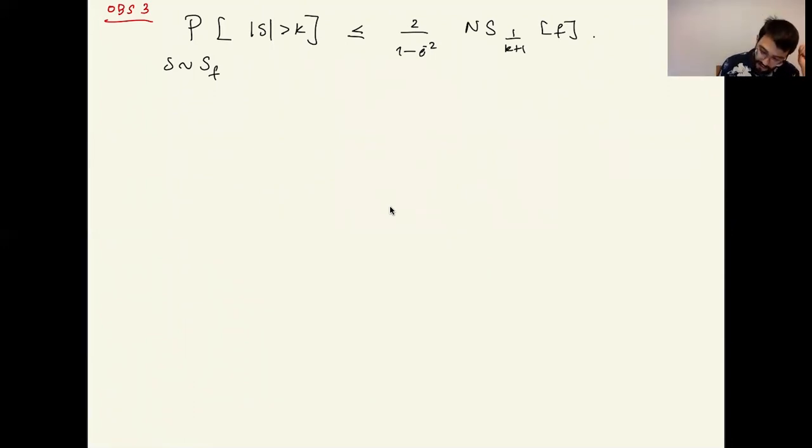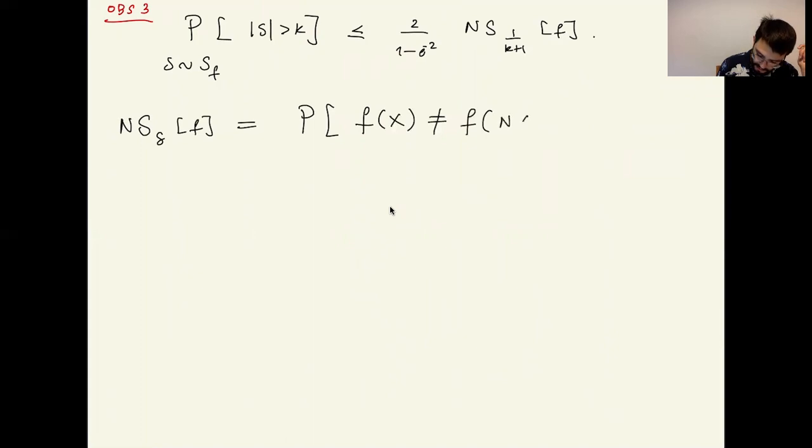Let's see this. So what's noise stability? Let's show this. We'll recall that noise stability delta of f is defined as the probability that f changes when you flip some of its variables. And here x is just uniformly distributed in the Hamming cube, and N is not exactly uniformly distributed in the Hamming cube, but is delta distributed.